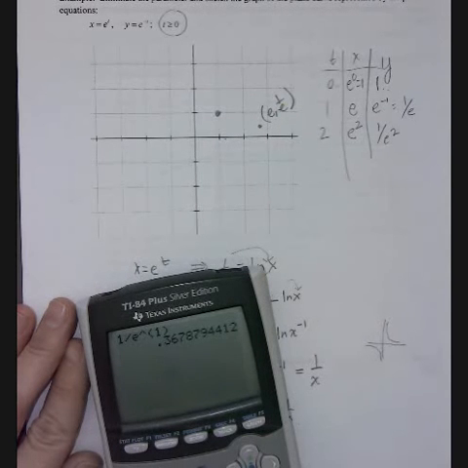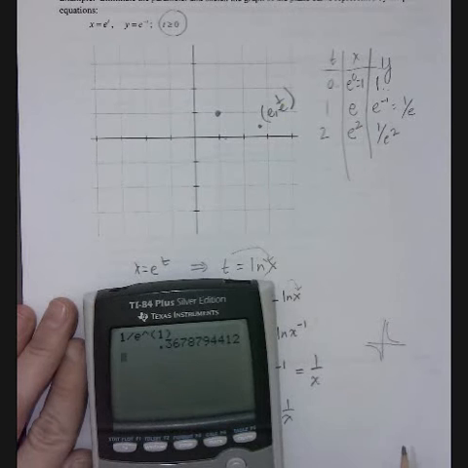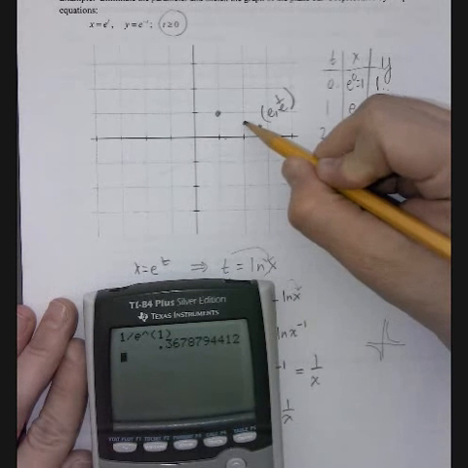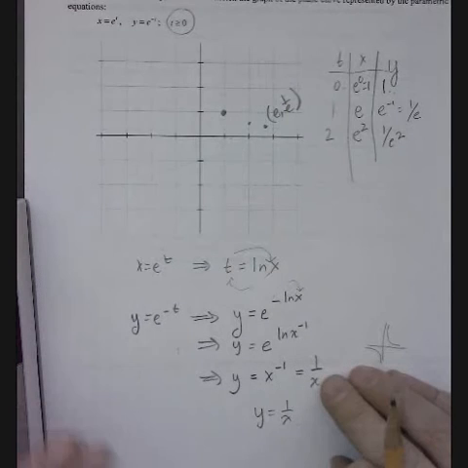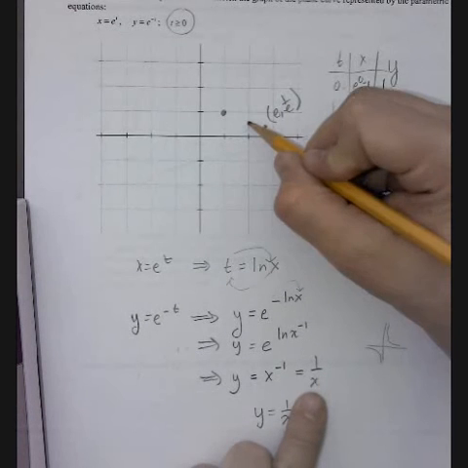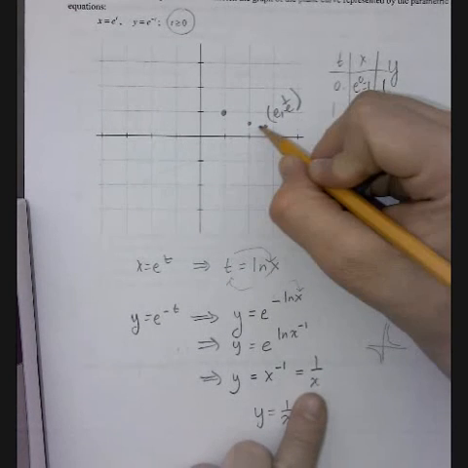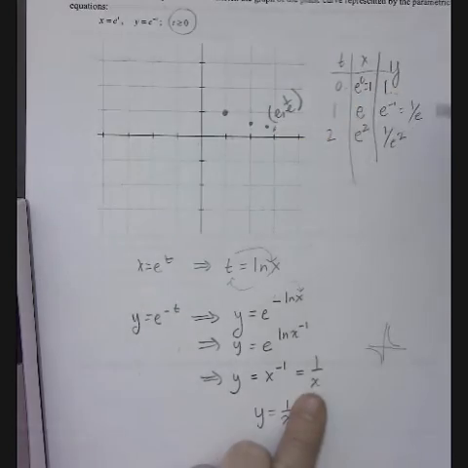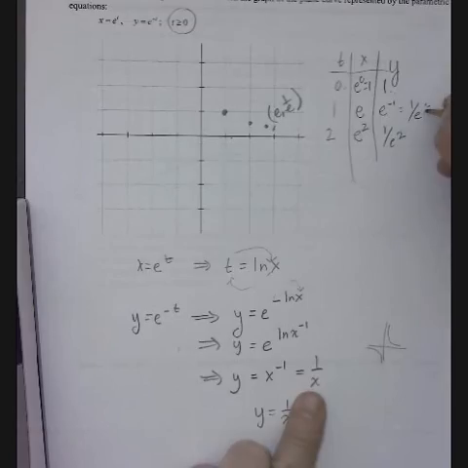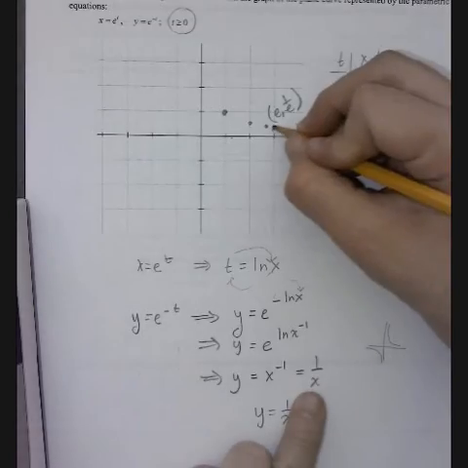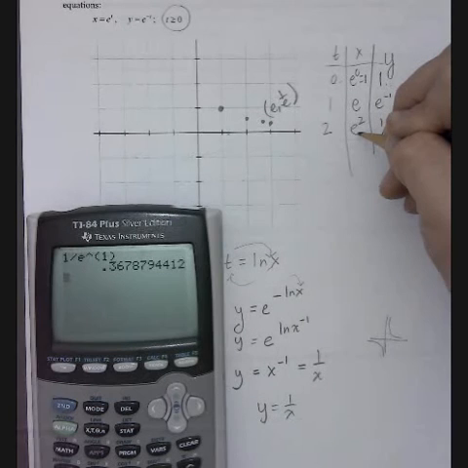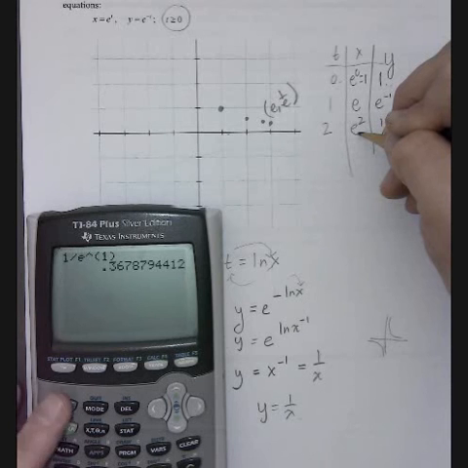And remember for 1 over x, if you plugged in 2, y would be 1/2. This is lining up along there. 3, we'd get 1/3. And 1/3 is less than this 1 over e, which was about 0.36. When we plugged in 2, 2 is e squared. E squared is about 7.4.